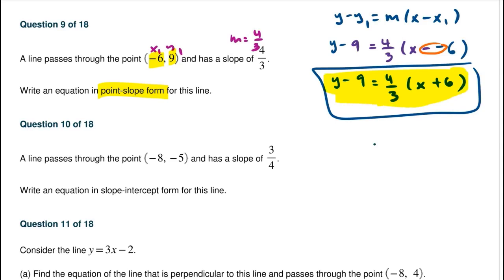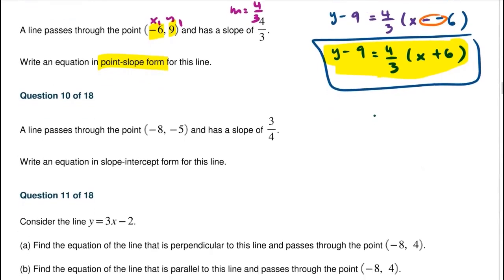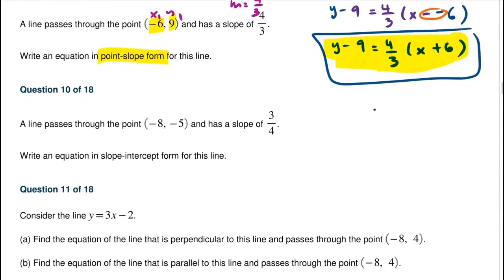Okay, now number 10. A line passing through the point -8, -5 and has a slope of 3/4. Write an equation in slope-intercept form for this line. So now they want slope-intercept form, that is y equal to mx plus b.